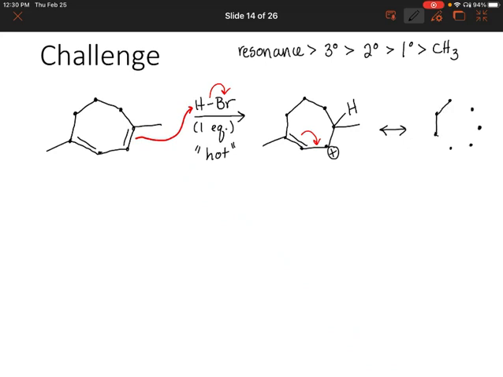All right, so let's draw our resonance structure. Again, it doesn't have to be perfect. Obviously, mine are not perfect. They're a little messy here. Okay, and now our charge will be on a tertiary carbon.